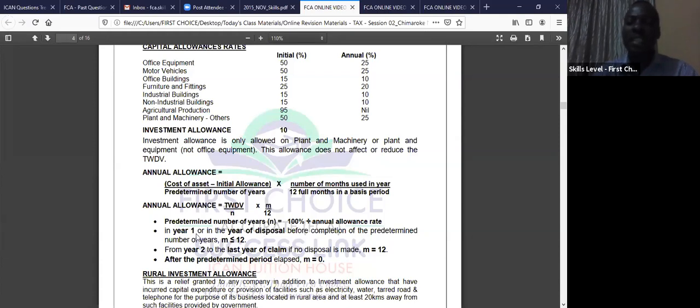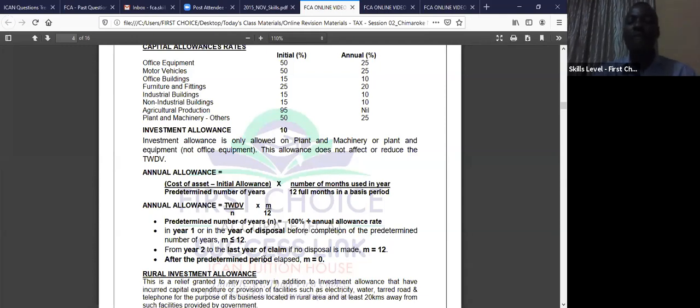If the asset was bought at the beginning of the basis period, that is in year one, and it's 12 full months, then this M will no longer be. But from year two to the last year of claim, if there is no disposal, M is always 12. So we don't normally see this prorating because from year two, we don't prorate. It's assumed that M is 12.